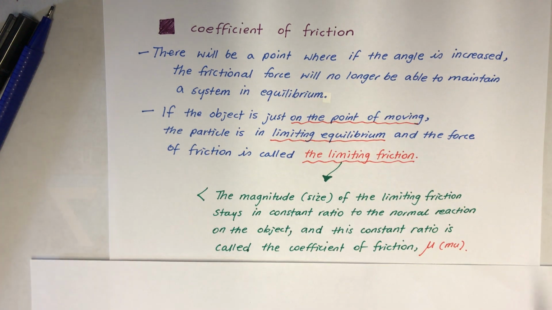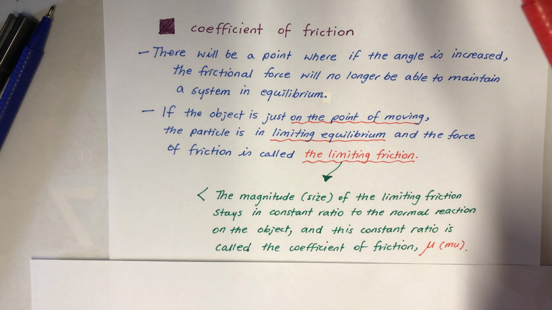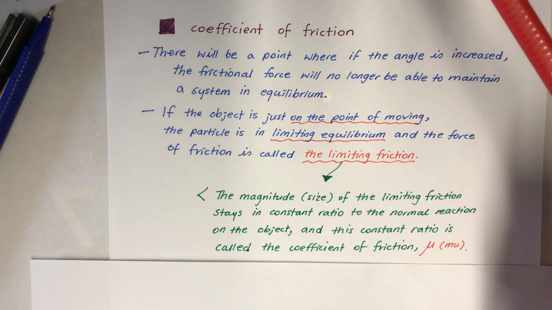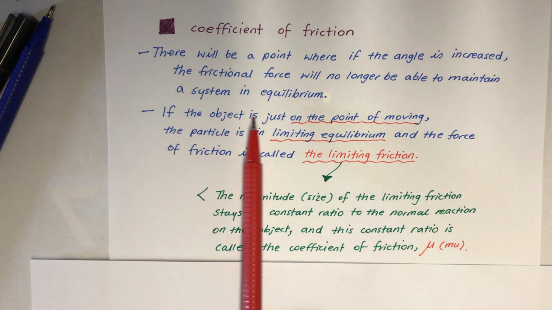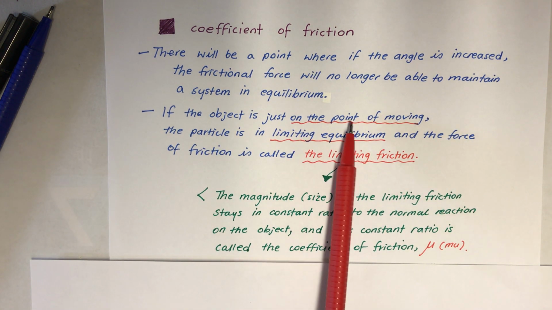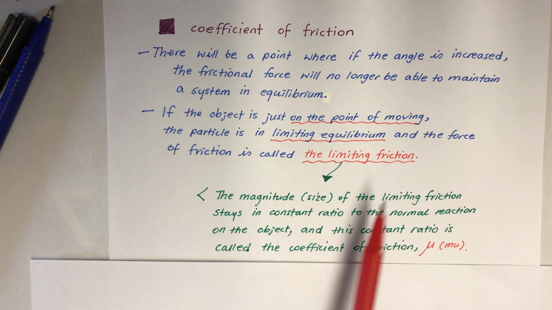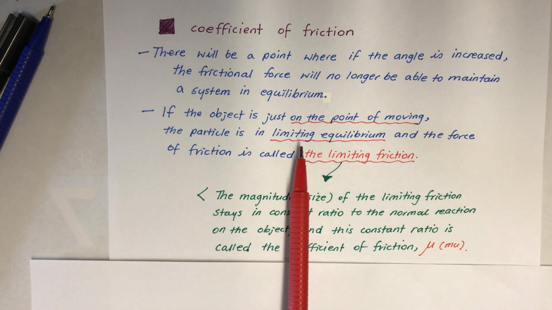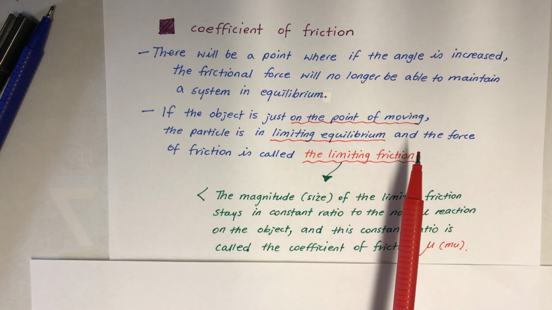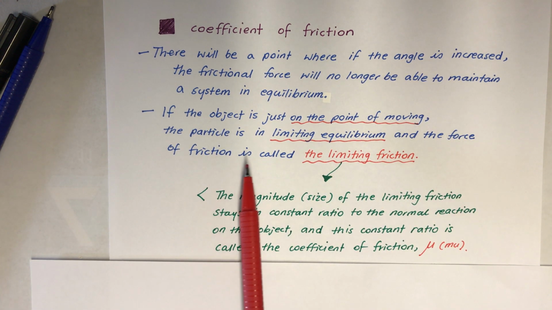So the friction works very, very hard to maintain that equal net force. If the object is just on the point of moving, just before it slides down, the particle is in limiting equilibrium, and the force of friction is called the limiting friction.